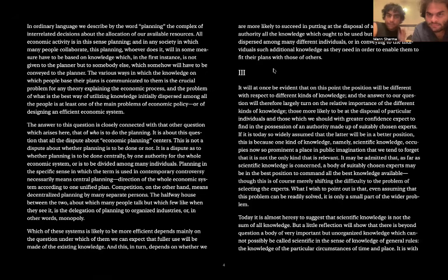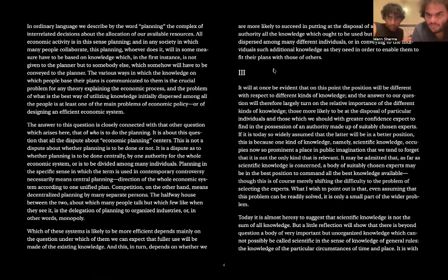If it is today so widely assumed that the latter will be in a better position, this is because one kind of knowledge, namely scientific knowledge, occupies now so prominent a place in public imagination that we tend to forget that it is not the only kind that is relevant.